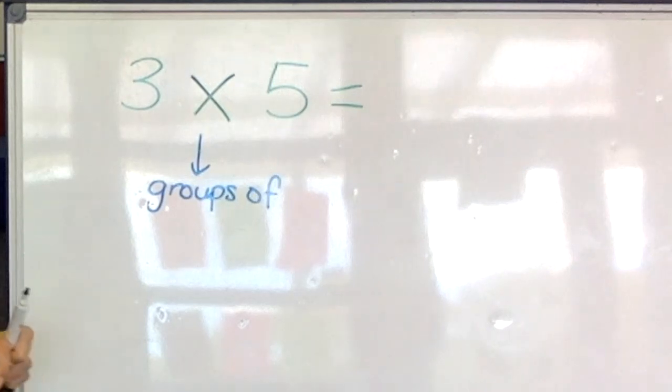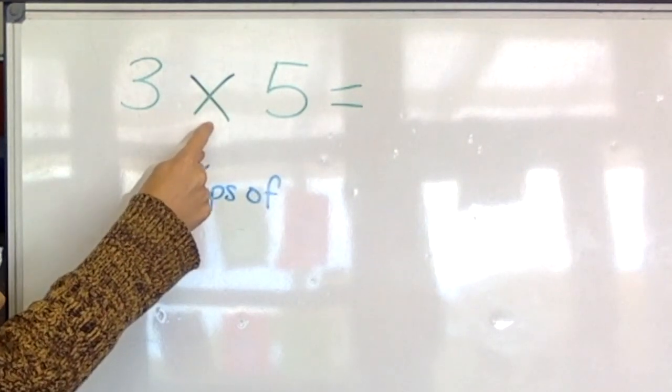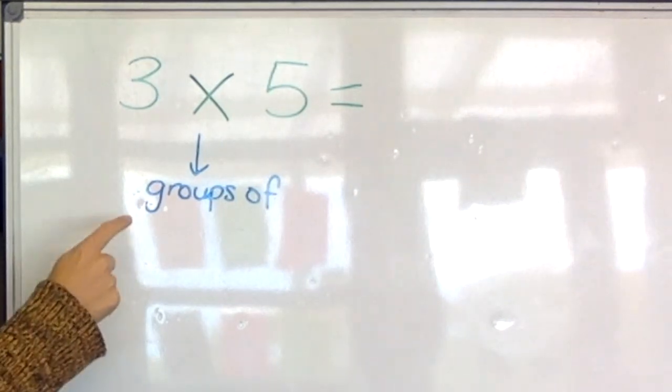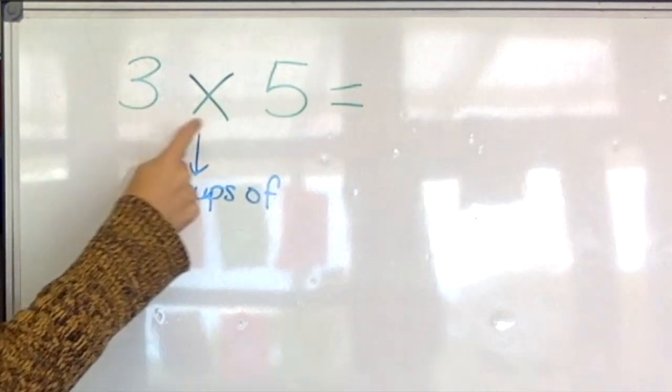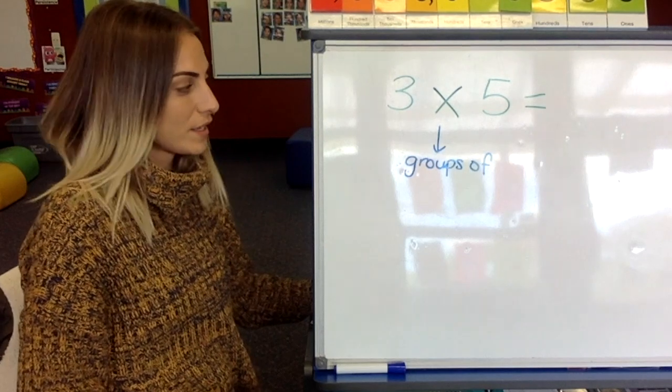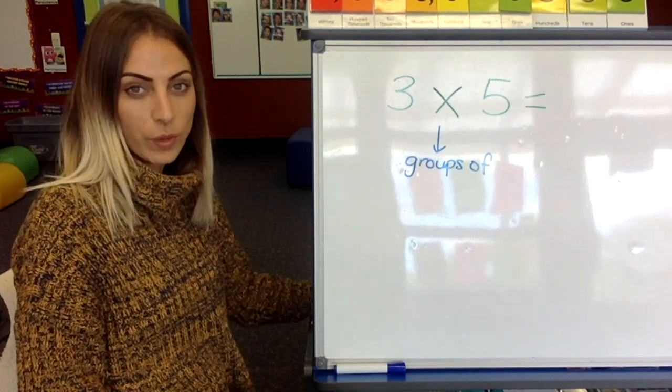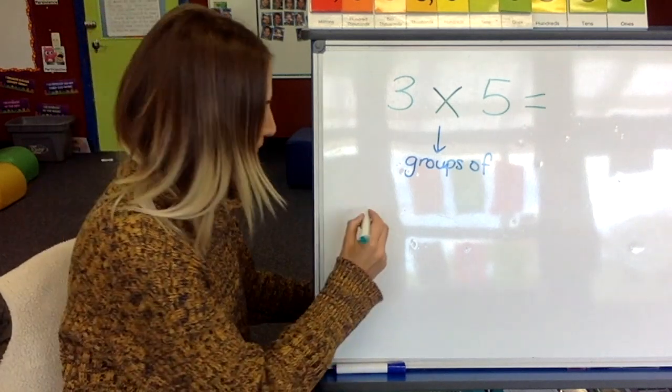So every time we see the times symbol, I want us either in our heads or with our mouth to say groups of. 3 groups of 5. So what does groups of mean? Let's draw out what 3 groups of 5 might look like.